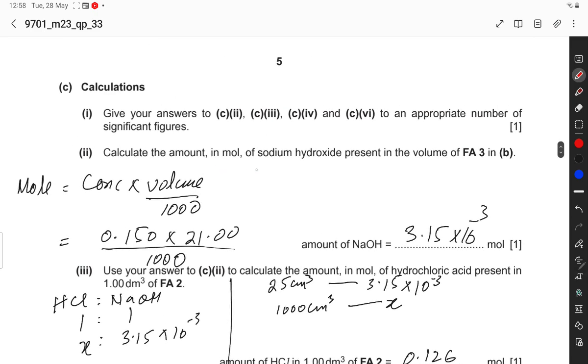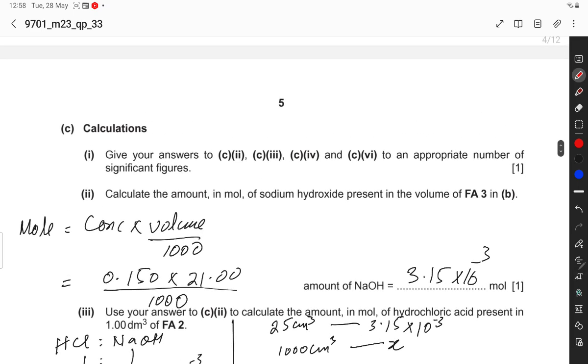Now calculate the amount in mole of sodium hydroxide present. This is a very important point. Give your answers to C2, C3, C4 and C6 to an appropriate number of significant figures. Calculate the amount in moles of sodium hydroxide present in the volume of Fa3 in B.